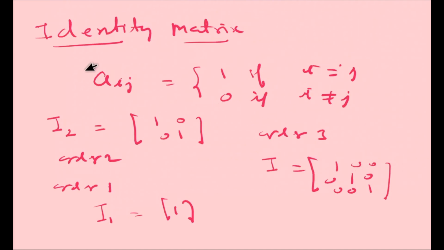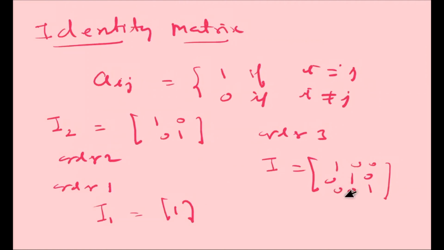What is the identity matrix? It is a square matrix, a diagonal matrix, a scalar matrix, and its diagonal entries are 1, 1, 1. Then it is an identity matrix. So we can say an identity matrix is a scalar matrix, yes. An identity matrix is a diagonal matrix, yes.